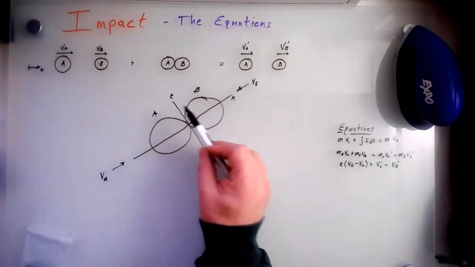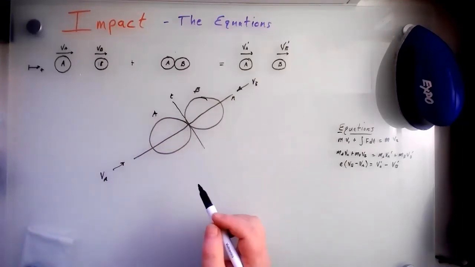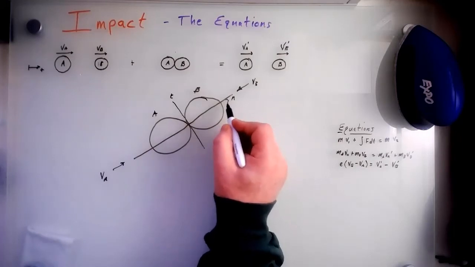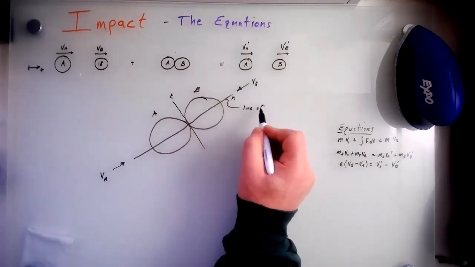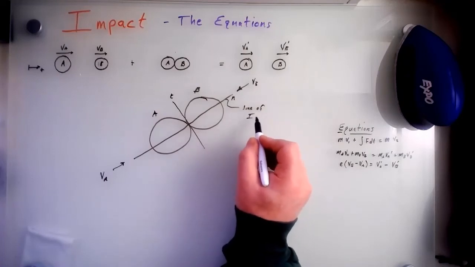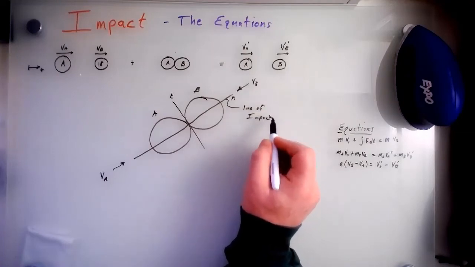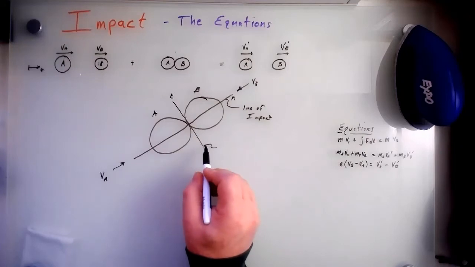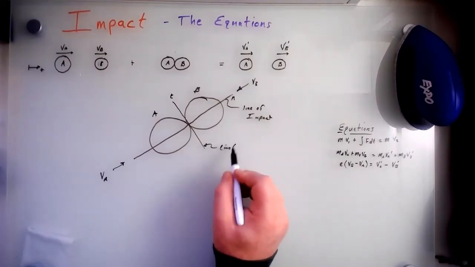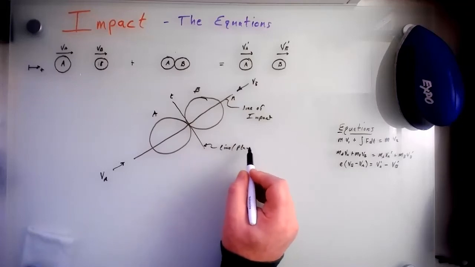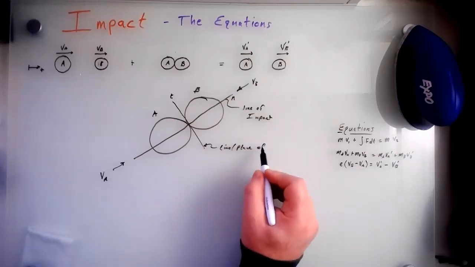Normal to the lines. This is called the line of impact. This is called the line or plane of contact.